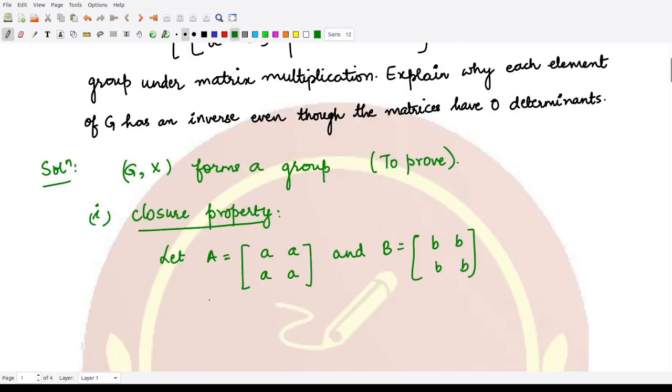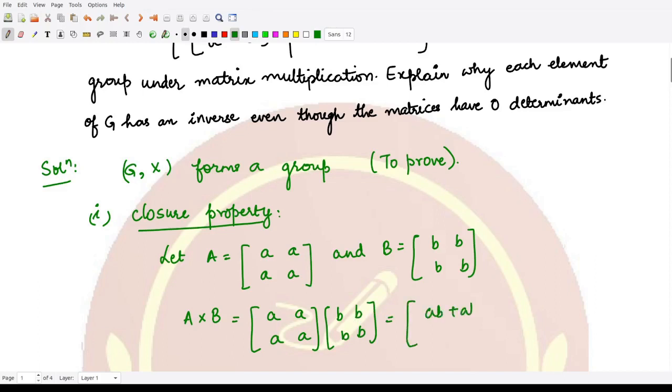Now if we apply the operation of matrix multiplication onto these two elements, that means we are just multiplying these two matrices. You might be knowing how to perform matrix multiplication. It would be ab plus ab in each position.